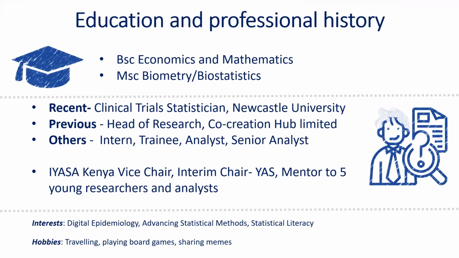Before that, I was the head of research for a company called Operation Hub, and that is where I got to work on social network analysis, which is what I'll share a little bit about. But before that, I went through several years of gaining more experience.